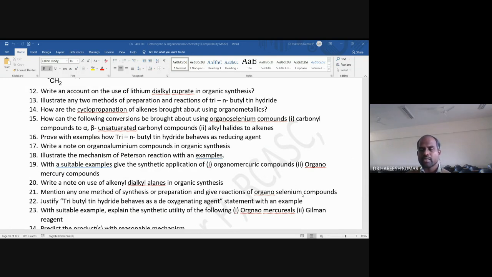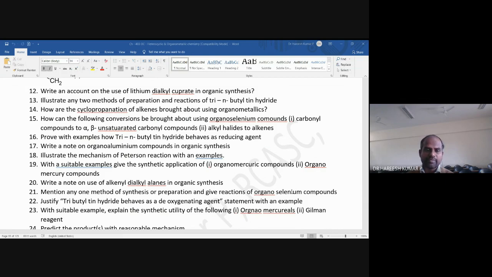So carbon Se bond is called organoselenium compound. So you have to give the method of synthesis, and also you have to write the application of organoselenium compounds in the alpha beta unsaturated carbonyl compounds and also in alkene preparation.